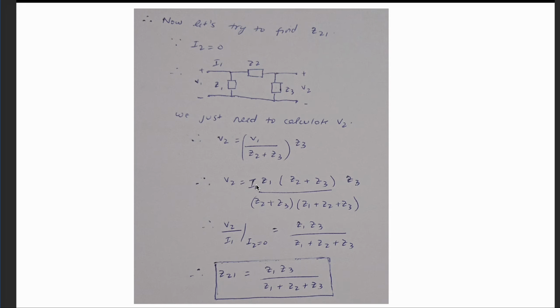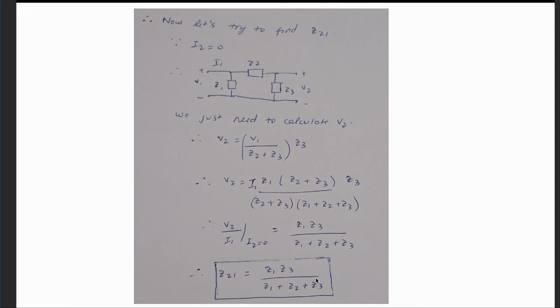If I put the voltage V1 value in terms of I1 here, I will get the following expression, right? Now you can see that the numerator and denominator have Z2 plus Z3 in common, so one can simplify this, and you can write that V2 upon I1, given that I2 is equal to 0, will be Z1 Z3 upon Z1 plus Z2 plus Z3. Therefore the Z21 parameter of this is Z1 Z3 upon Z1 plus Z2 plus Z3.